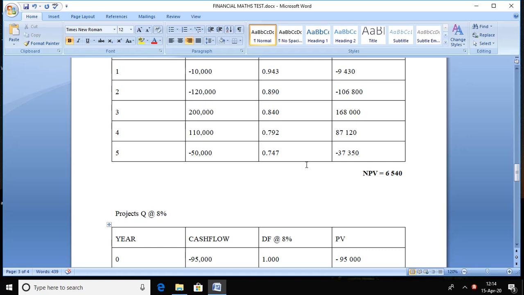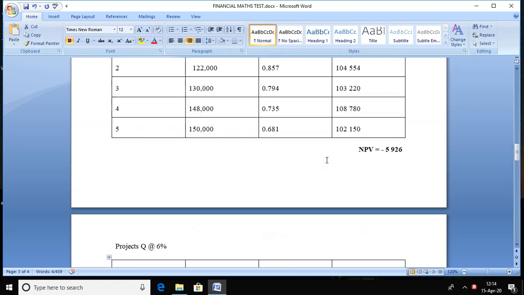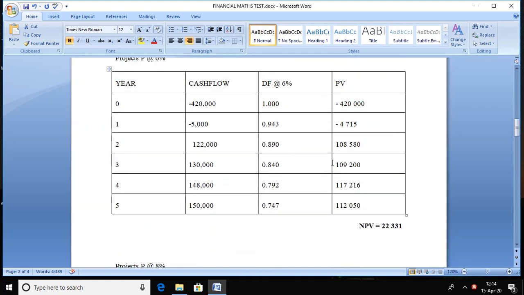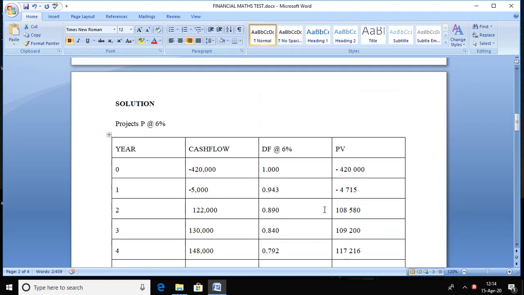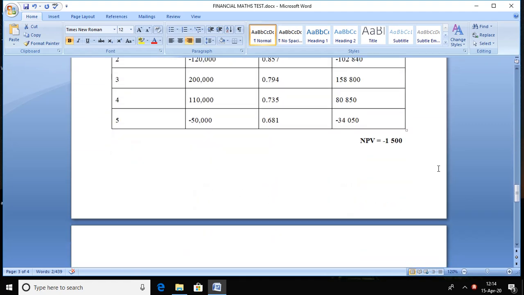So at 6%, project Q is yielding 6,540. At 6%, project P is yielding 22,310. So P is better at 6%. So that's your conclusion.